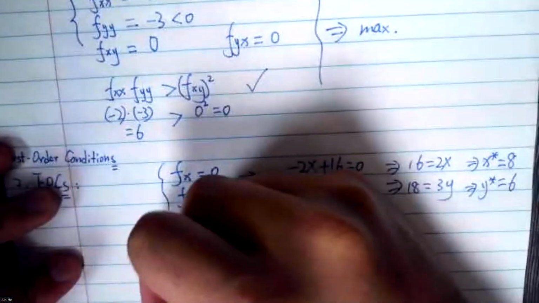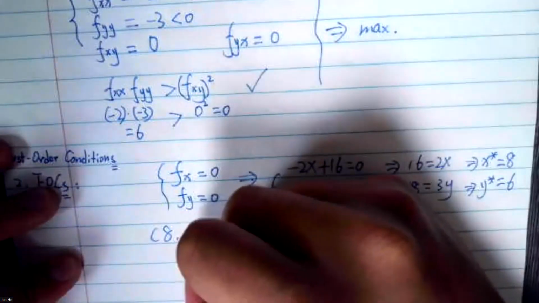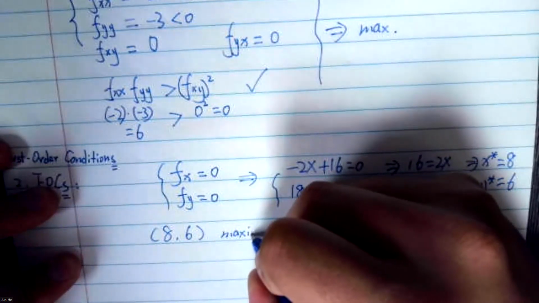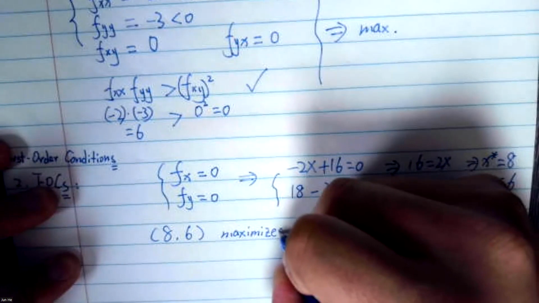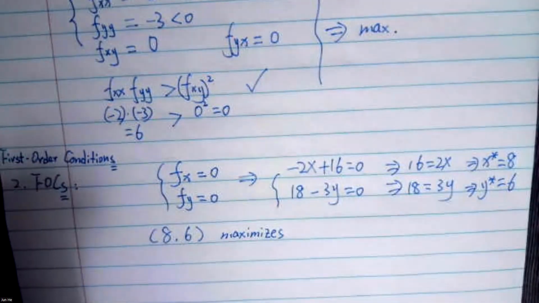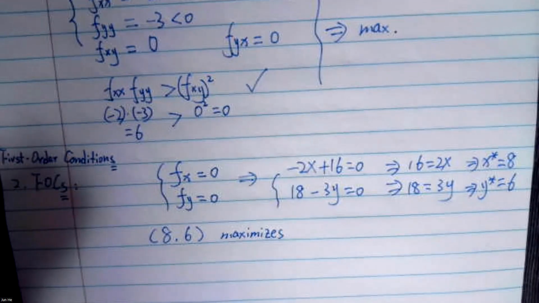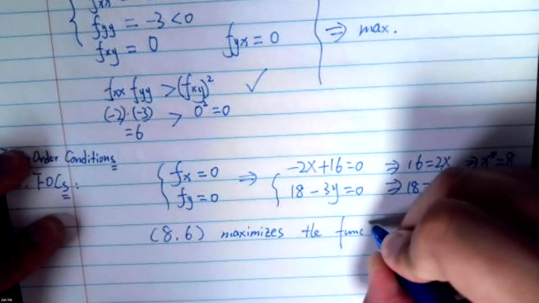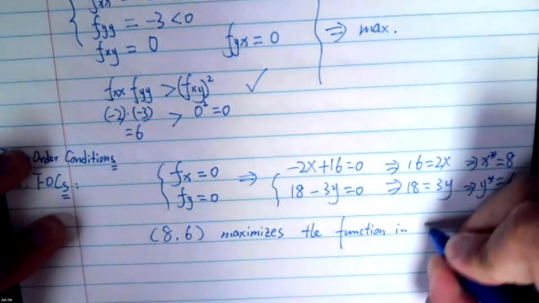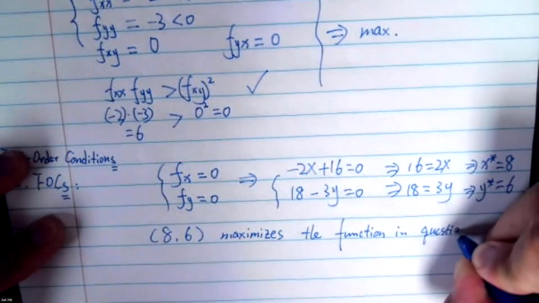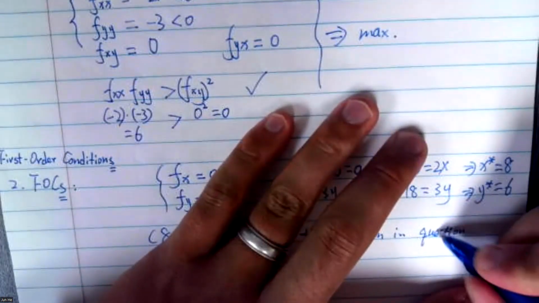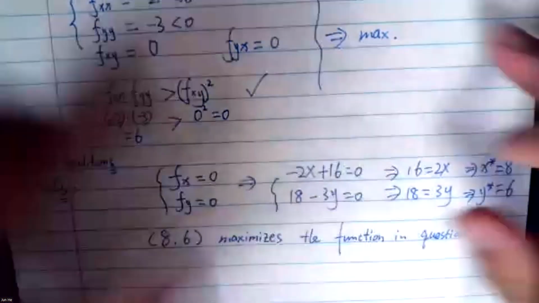The conclusion is that (8, 6) maximizes the function in question, which is this one.